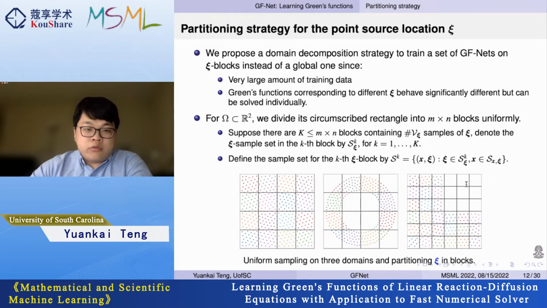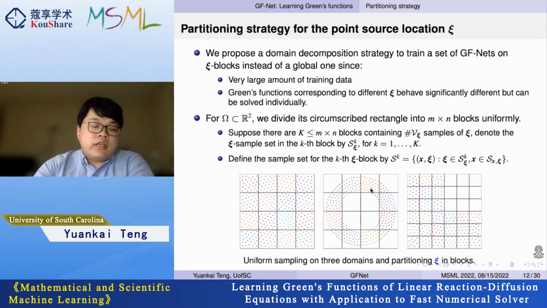And the second reason is that the Green's functions corresponding to different ξ behave significantly differently, but they can be solved individually. Therefore, we propose a domain decomposition strategy to train a set of Green's functions, GFNets, instead of training the global one.